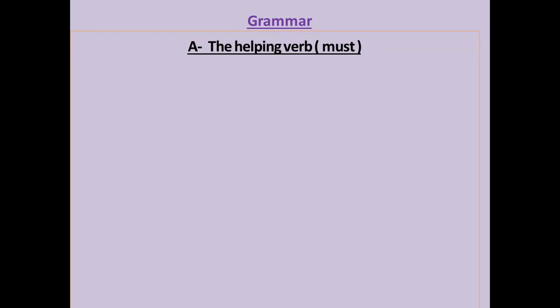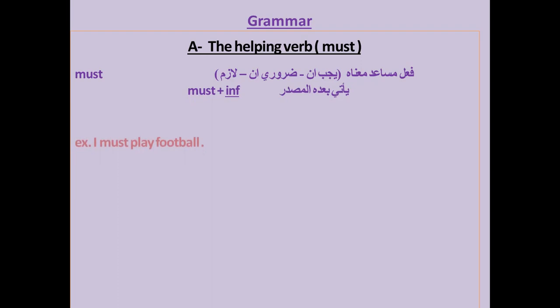As you know, my dear students, you have a grammar point here at the beginning of the lesson, which is the helping verb must. Must is an auxiliary, and you see the meaning in Arabic. The must comes before the infinitive.